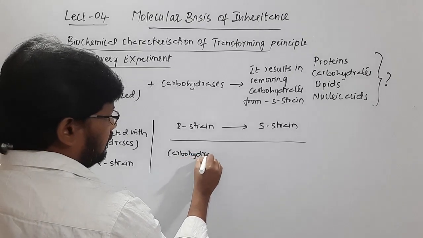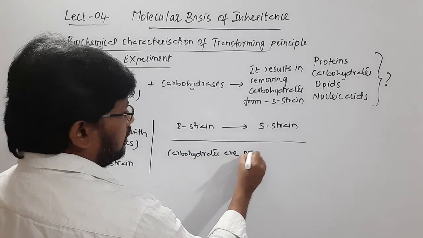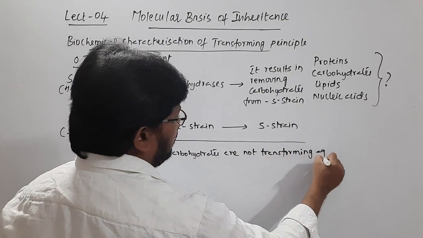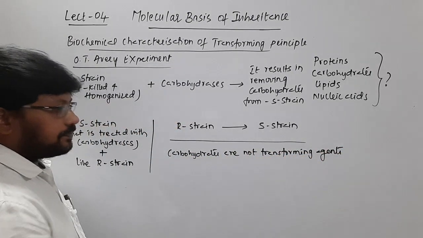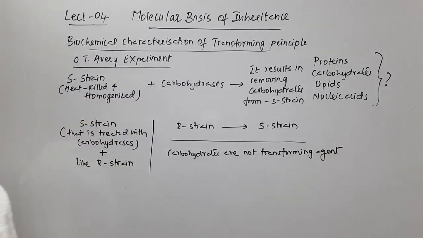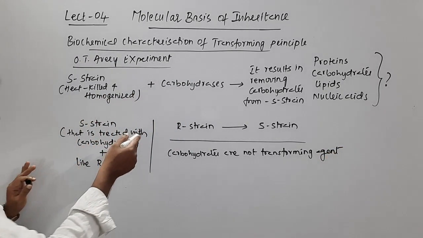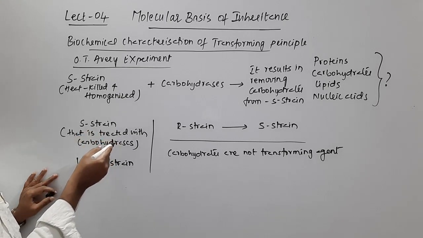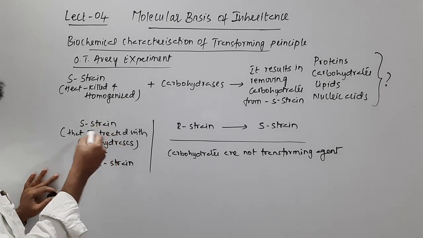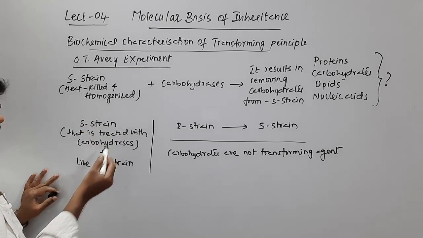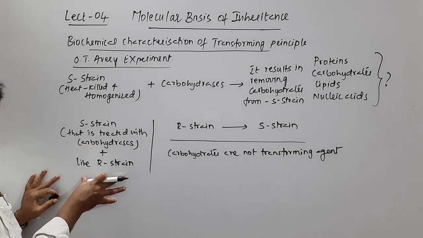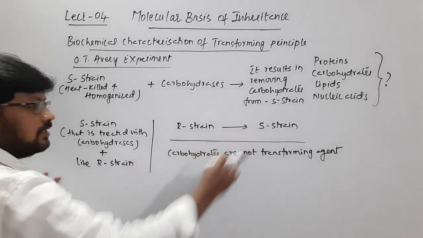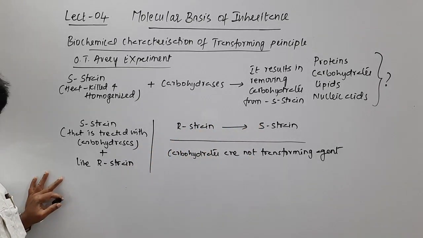So with this, it's confirmed that carbohydrates are not the transforming agent. Once again, the S strain treated with carbohydrases does not have carbohydrates, and they mixed it with live R strain, and the R strain converted into S strain.